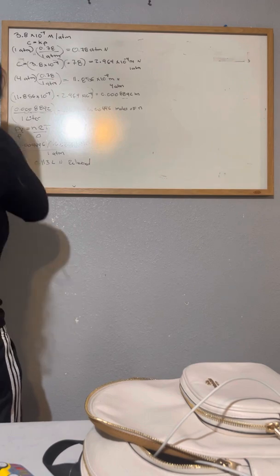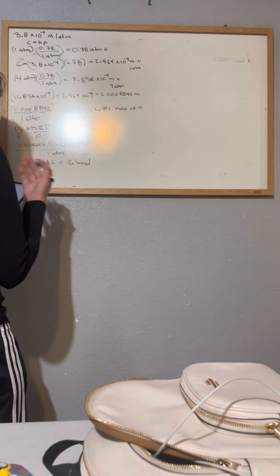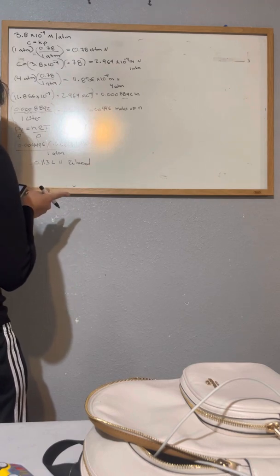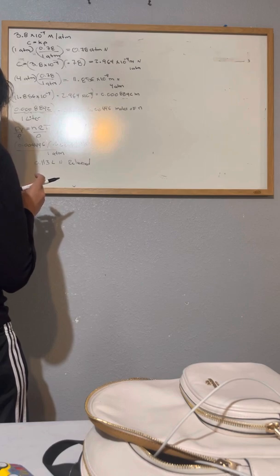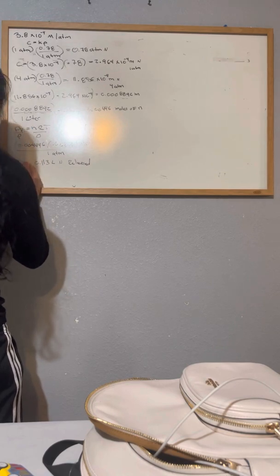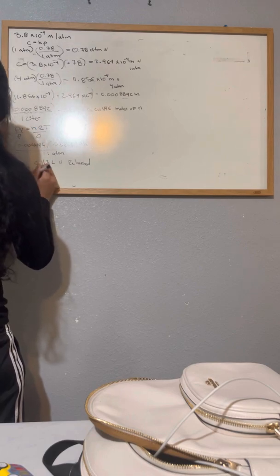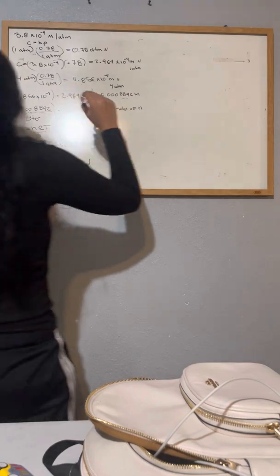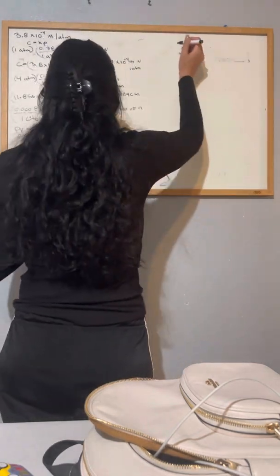And finally, it says, if the escape happens in the form of bubbles of 1 millimeter diameter, how many bubbles per liter of blood is this? So we need the volume of sphere formula, which is 4 divided by 3 pi r cubed. So we're going to put this up here, and then we're going to convert because it gave us millimeters, and we need centimeters to be able to use this formula.